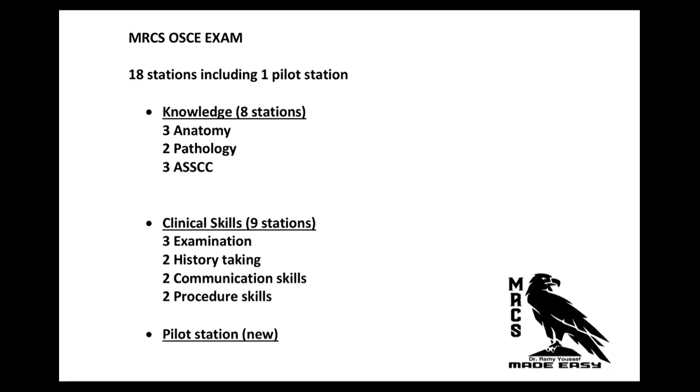Okay, you have two main sections in the MRCS Part B exam. You have what is called the knowledge section, and you have what is called the clinical skills section. The knowledge section is mainly formed by three parts. It is a big partition, and it is 8 stations from the 18, by the way.